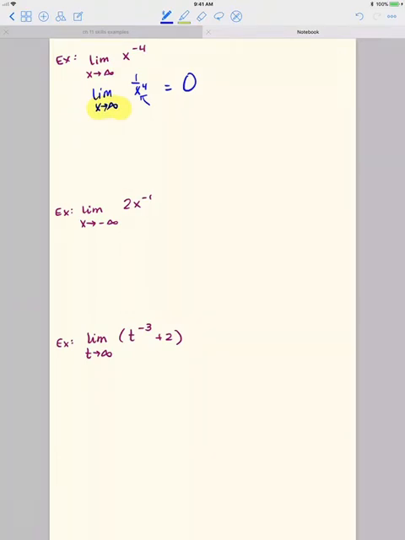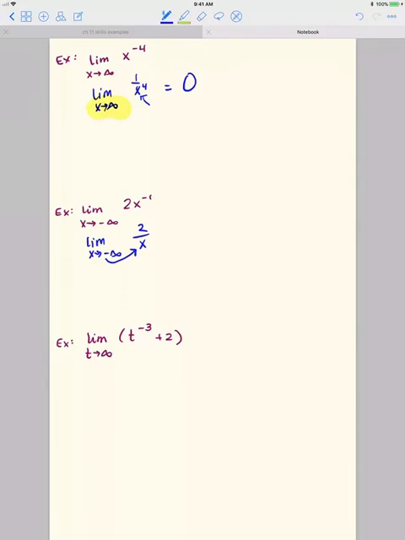Next example, pretty similar, but we can look at it. 2x to the negative 1 is the same as 2 over x. And this time we're looking at x values getting negative, so it's like 2 over negative 3 and 2 over negative 5 and 2 over negative 8 and 2 over negative 100. So that fraction still gets smaller and smaller in the negative sense.